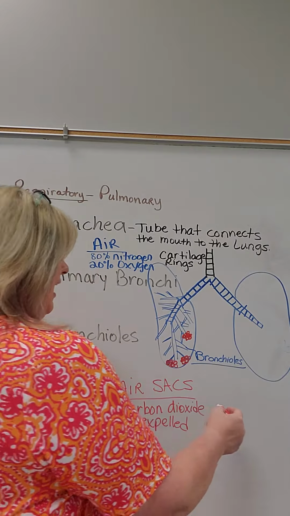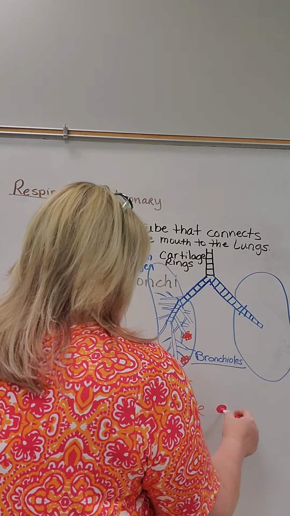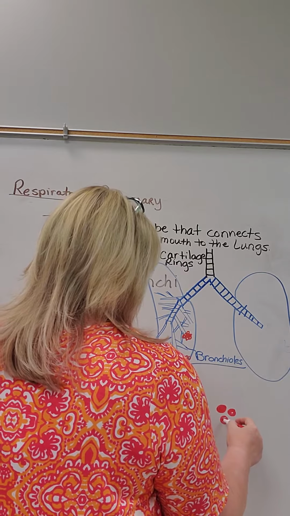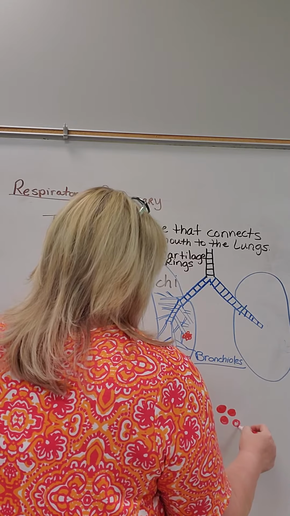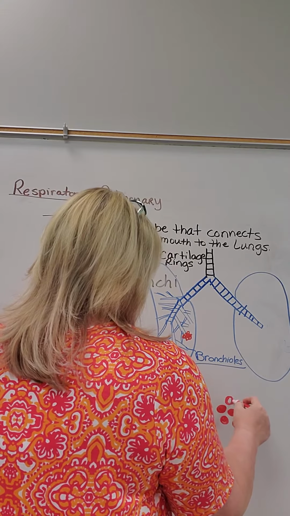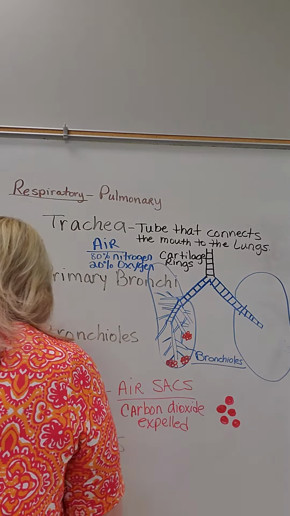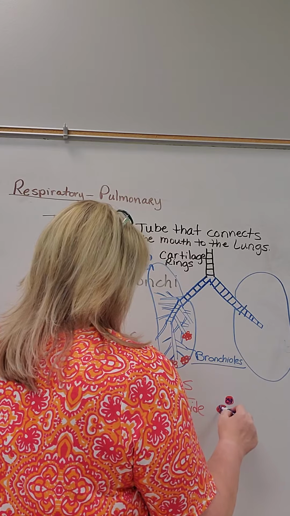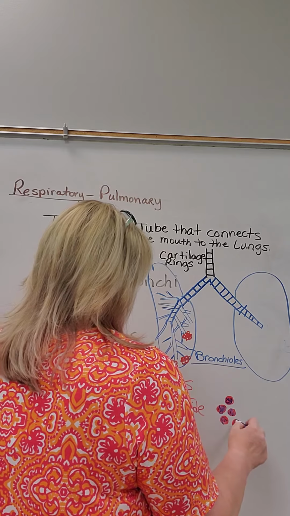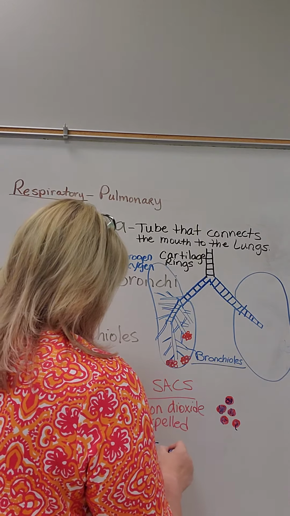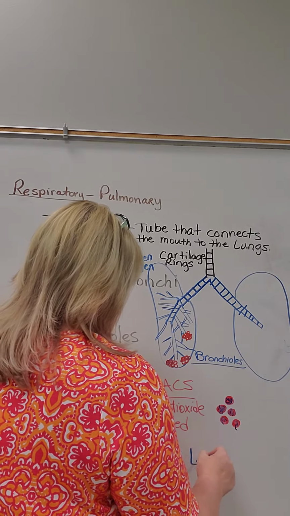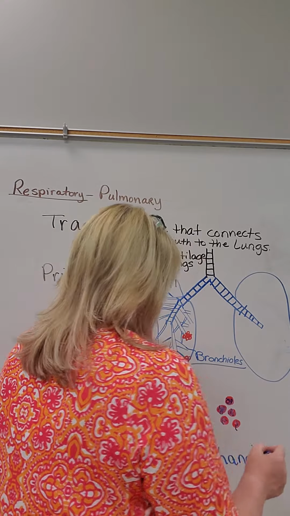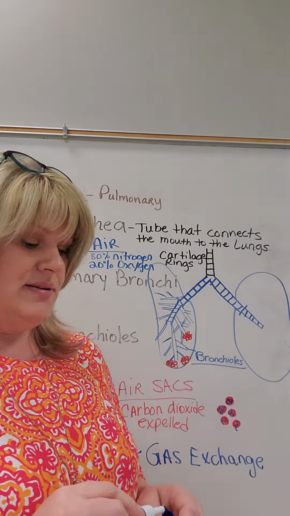On top of these alveoli are blood vessels. Those are our capillaries. And it's actually not in the alveoli that some people think, but it's in the capillaries where that gas exchange happens.